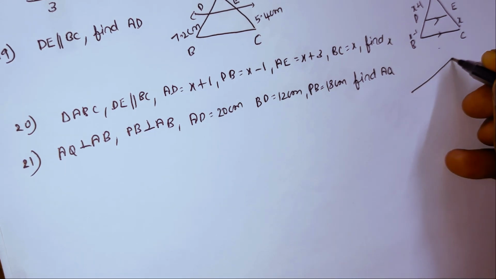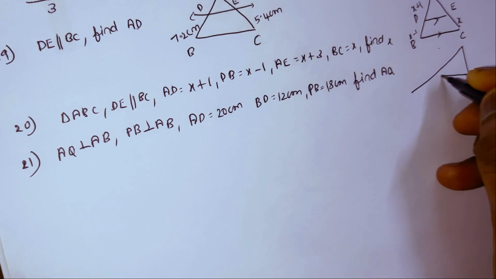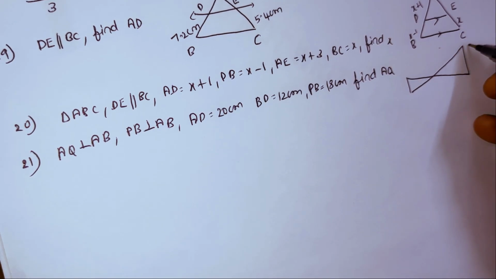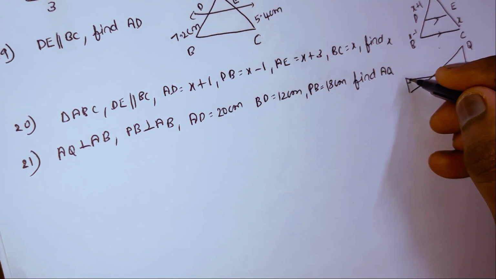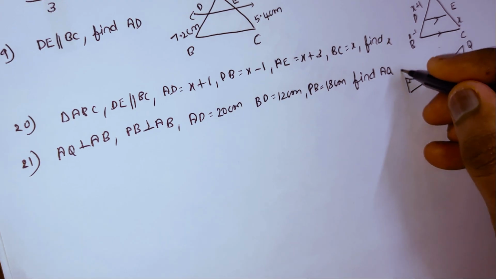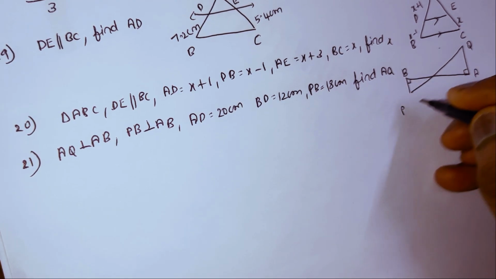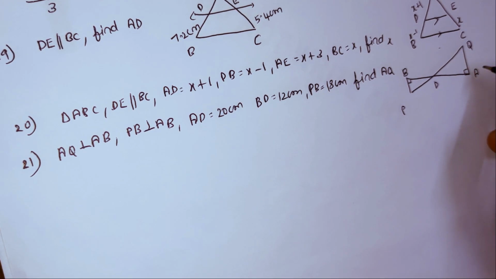They are given a diagram. Both are right angles mentioned in the question. This is P, this is D, A and Q. You have to find this AQ.